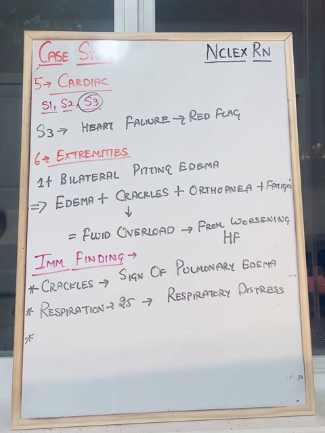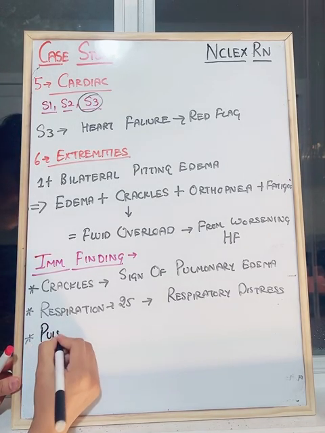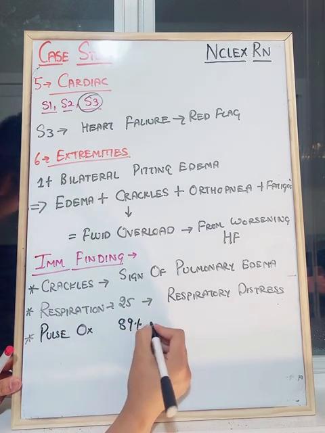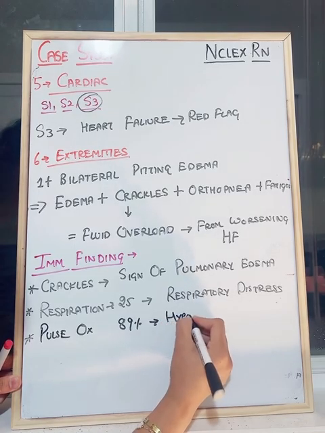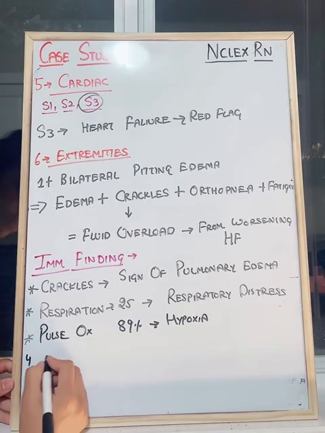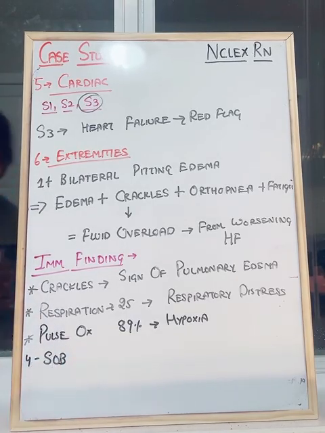Number 3 was pulse oximetry, which was 89%, meaning hypoxia. Fourth was shortness of breath. So when you see the whole scenario, you have to break it down like this.